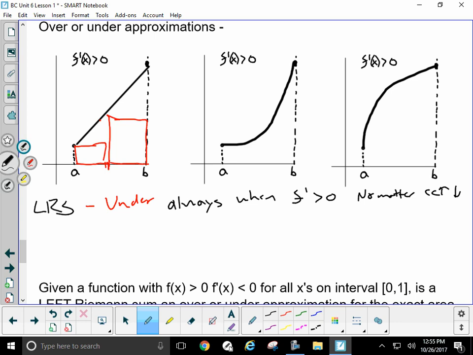What about a right Riemann sum? Well, let's see. Rightmost point, rightmost point. That looks to be over. Is it always going to be over?